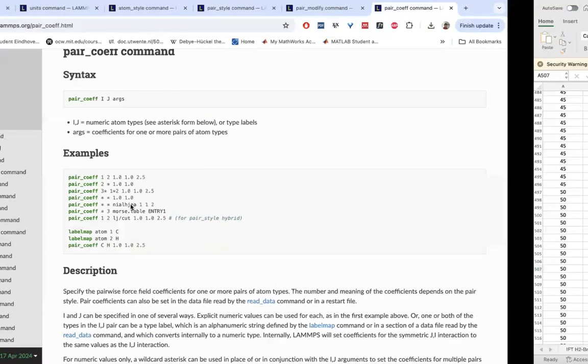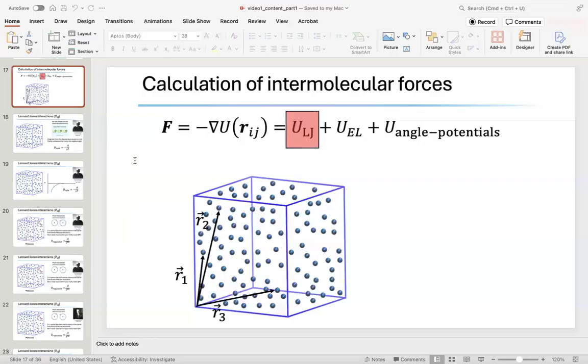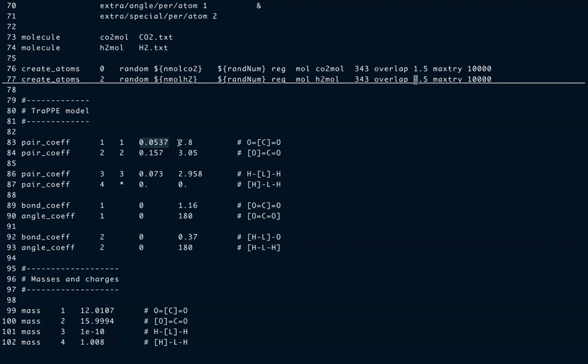So in this case, the coefficients are mainly to specify the epsilon and sigma. So this is also for the epsilon and sigma for the oxygen in the carbon dioxide.